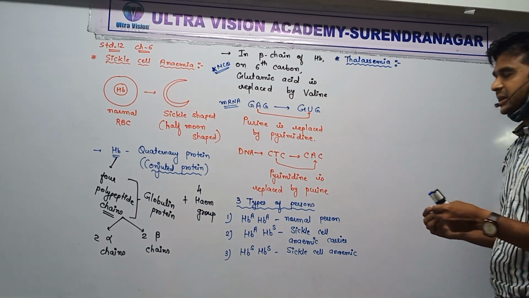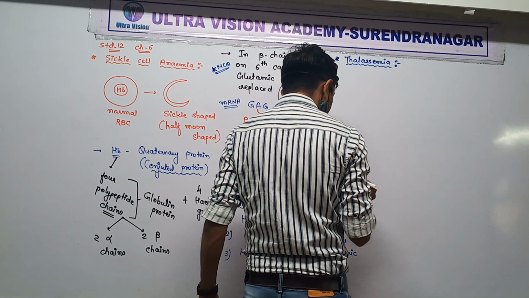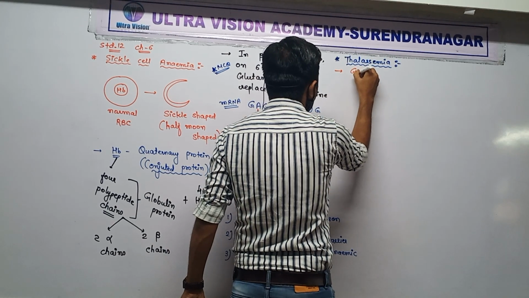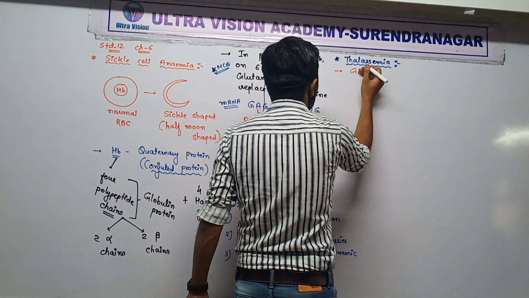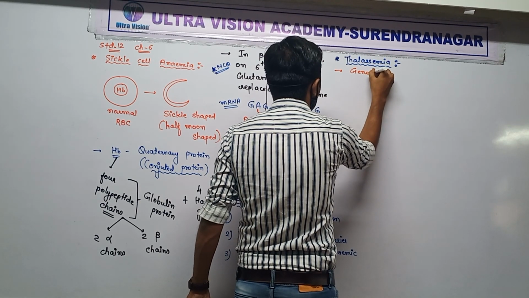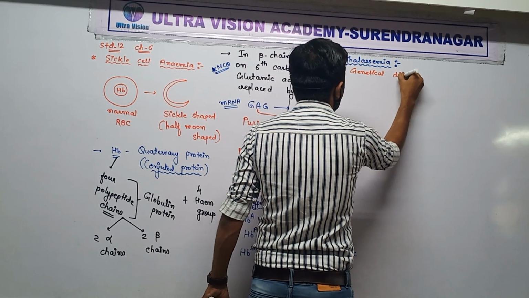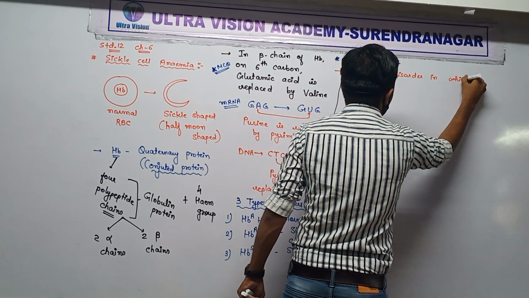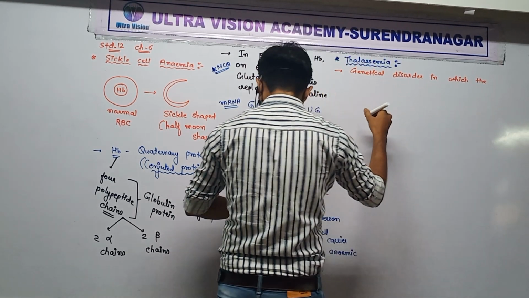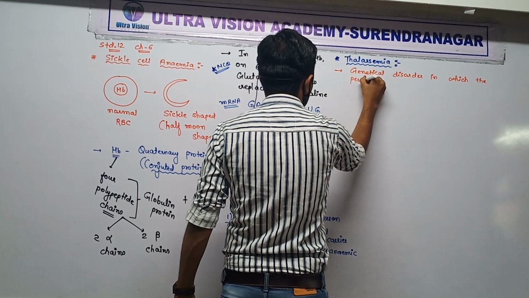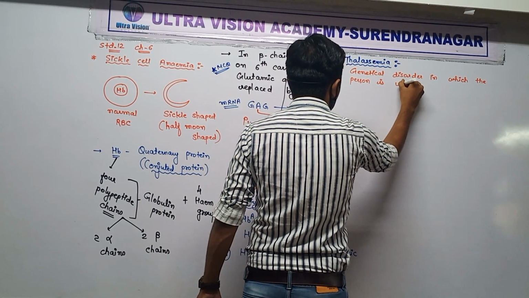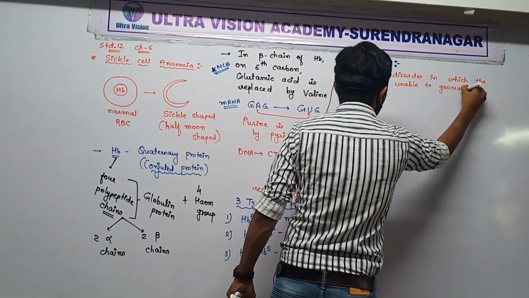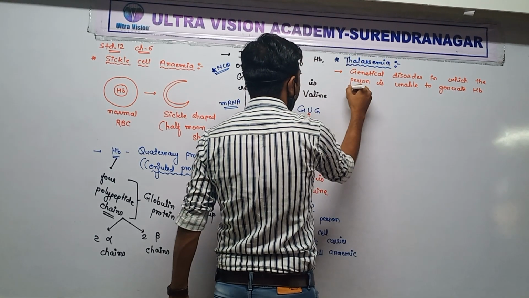See, thalassemia, here a few questions and information are there. It is a genetic disorder in which the person is unable to generate hemoglobin in the body.